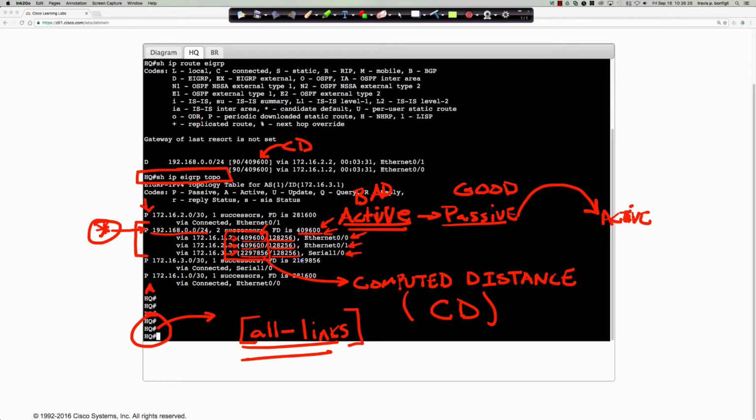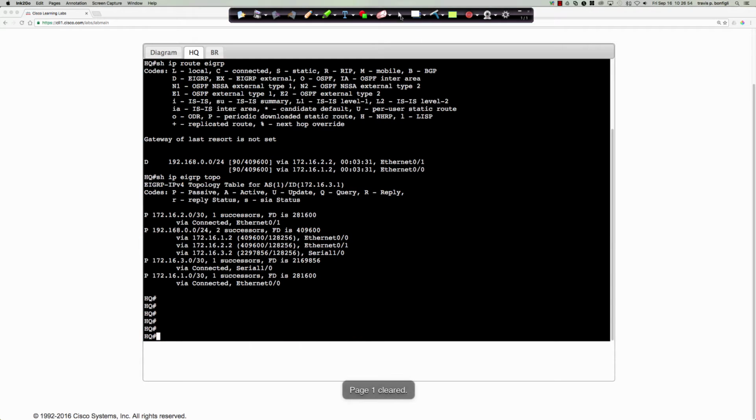A successor meets the feasibility condition if and only if their reported distance is strictly less than, and actually I should probably draw it this way, is strictly less than the feasible distance of the current successor or successors. So let's clear the screen here and talk about the feasibility condition specifically.